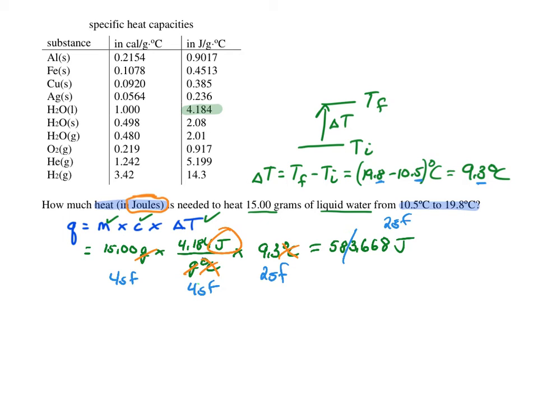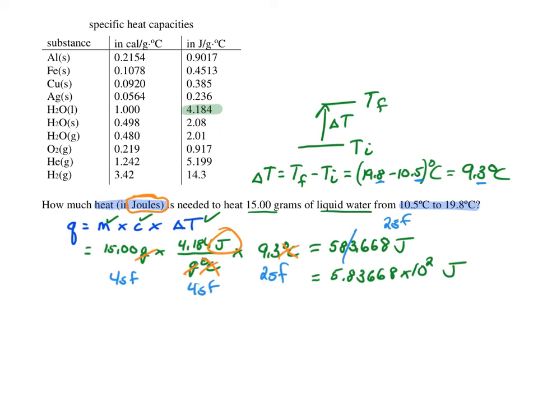As a first step, let's convert this to scientific notation. This becomes 5.83668 times 10 to the second joules. Okay, we know that because we have to move the decimal place 2 spaces, and this number is greater than 1, so this is going to be a positive exponent.